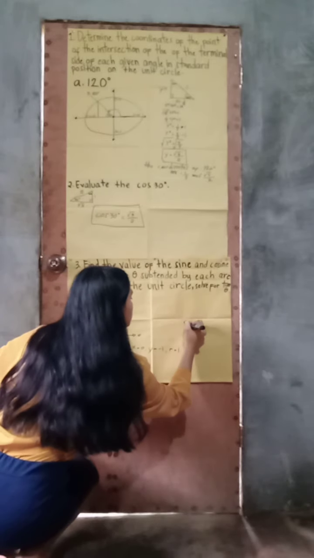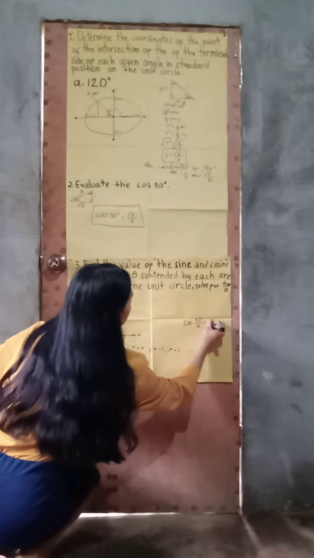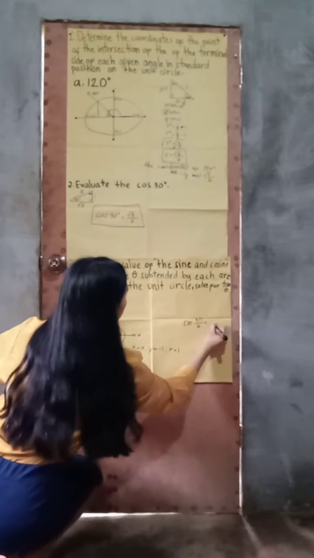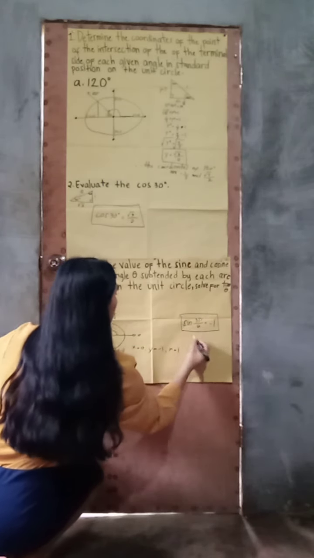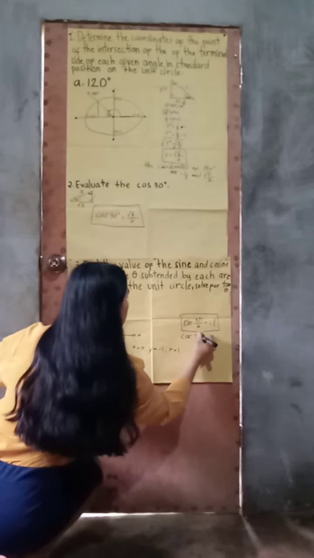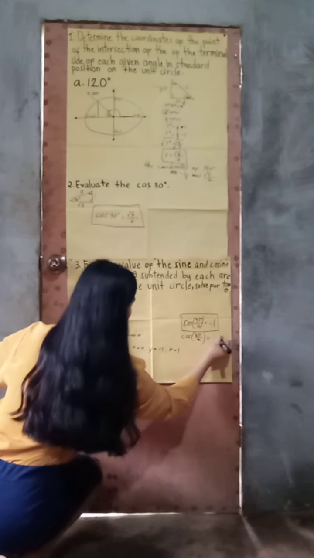The sine of 3 pi over 2 is equal to -1. The cosine of 3 pi over 2 is 0.